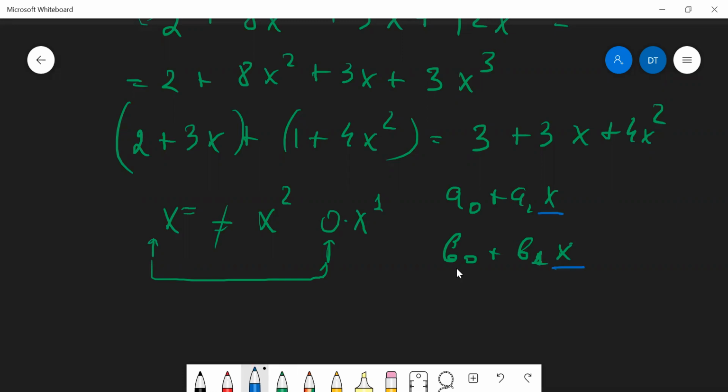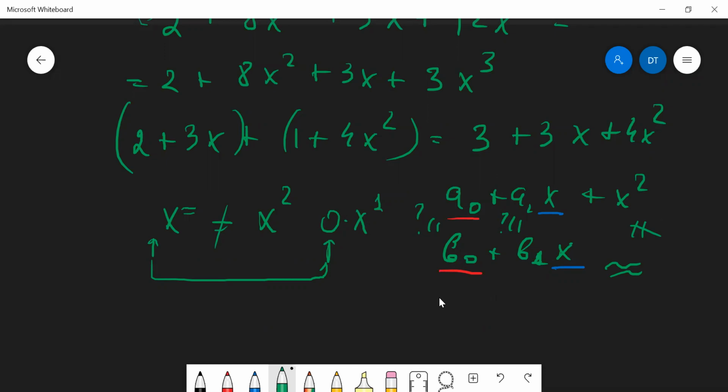So you have the first power of x here, and you have the 0 power of x here. So you need to compare these two, and you want to compare these two. And if both of them are the same, then these are the same polynomials. And if at least one of them is different, like for example, a0 is not the same as b0, then the polynomials are different. Or if you have something here, and there is no x squared here, then they are different automatically.